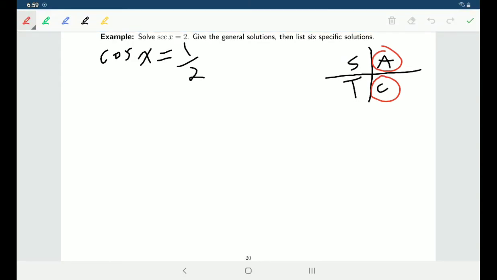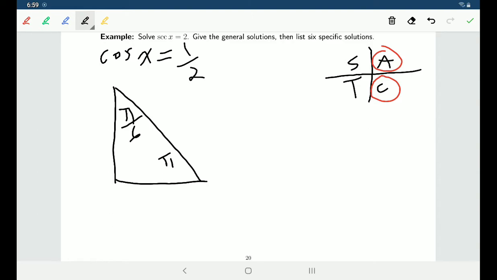So next thing, I will think about my special triangle. And I know the special triangle at play here would be the 30, 60, 90 triangle. So we have our 30, 60, 90 triangle with side lengths 1, root 3, and 2.